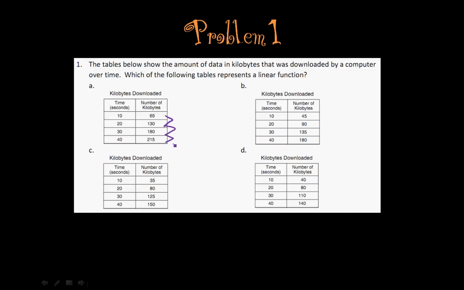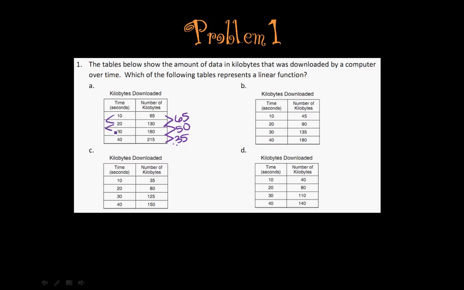So, for example, 65 plus 65 equals 130, right? From 130 to 180 is 50, and from 180 to 215 is 35. I may have my math wrong, but you get the point that all these numbers are different. That's not going to be linear, okay?